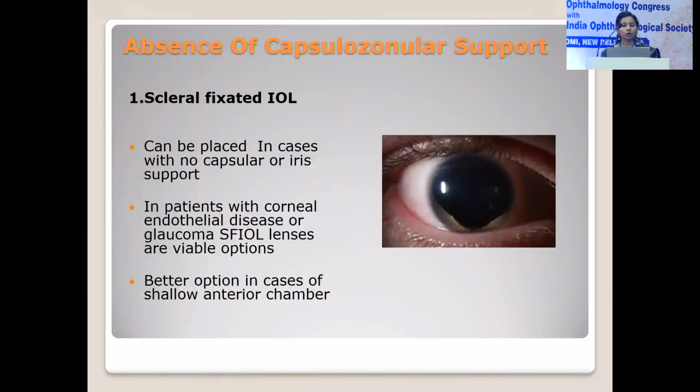So what are the options where there is absence of capsular support? The first is scleral fixated lenses. Their advantage is that they can be placed if there is no capsular support and no iris support. The other thing is that it is away from the cornea, so the chances of corneal decompensation are less, and so this surgery can be performed in patients with corneal endothelial diseases and also in cases of shallower anterior chamber.